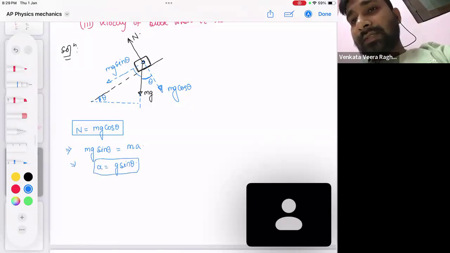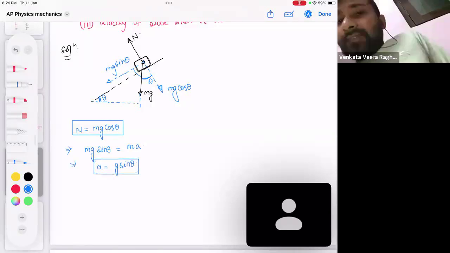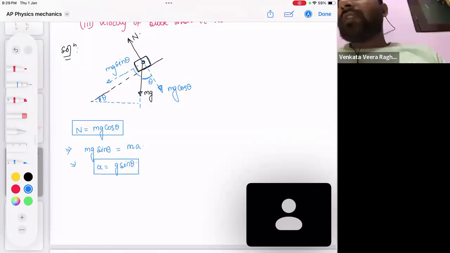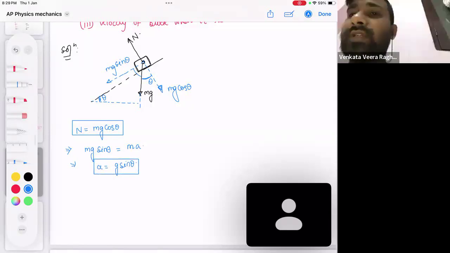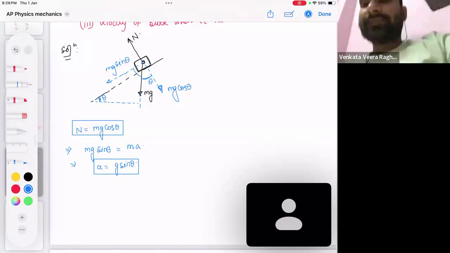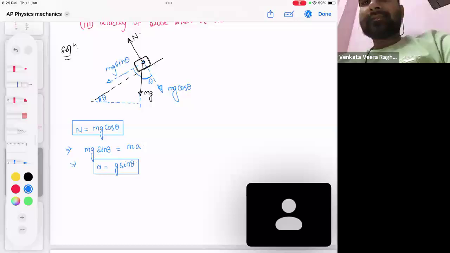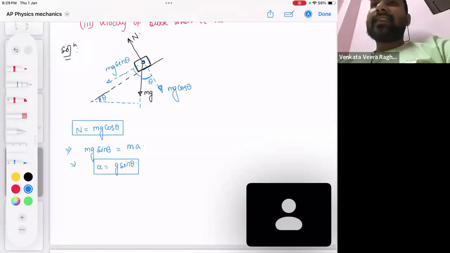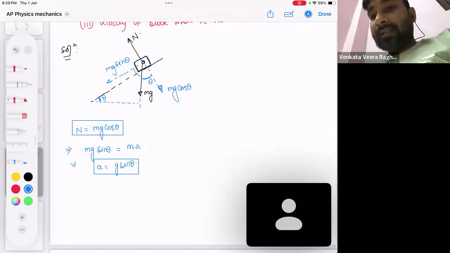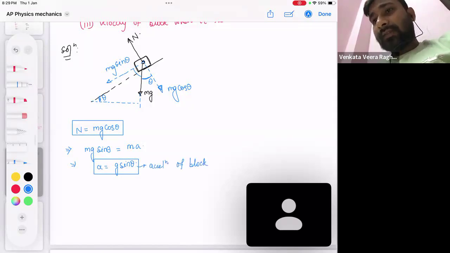G sin theta. So irrespective of the mass of the block, please keep in mind, if a block comes down a smooth inclined plane, what will be the acceleration of the block along the incline?